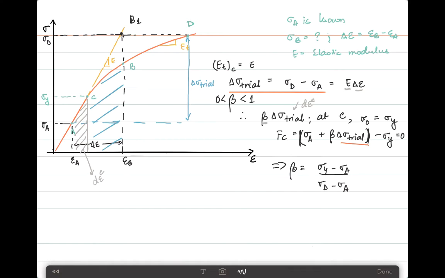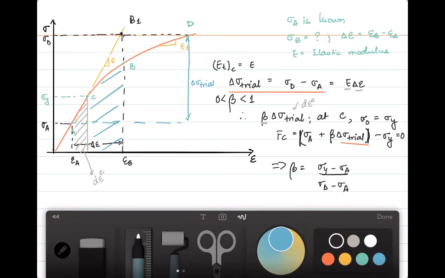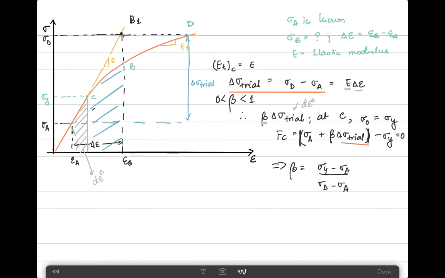Now moving on, we also have to find out this change that happens between the point C and B. So we still have this strain in this region which has to be applied as delta epsilon CB.